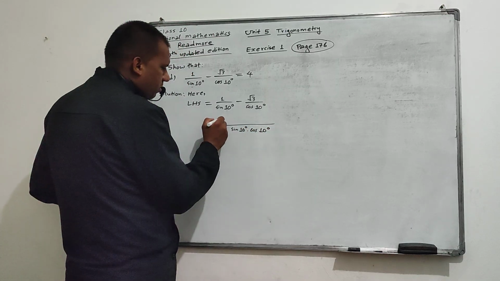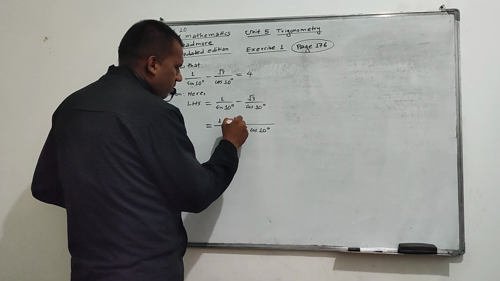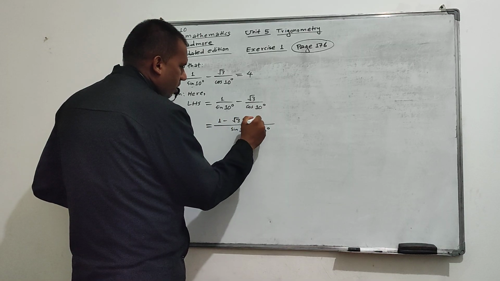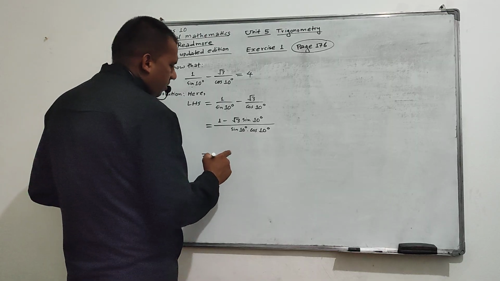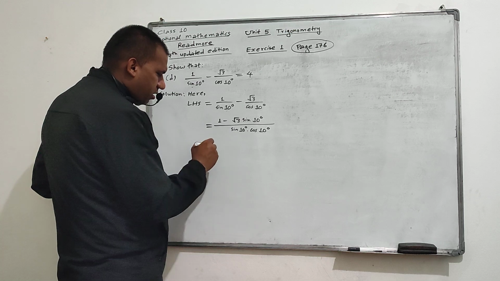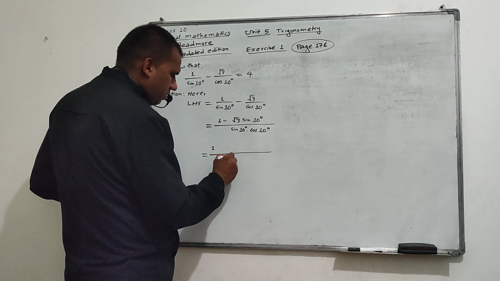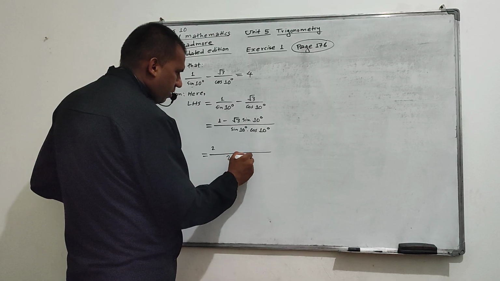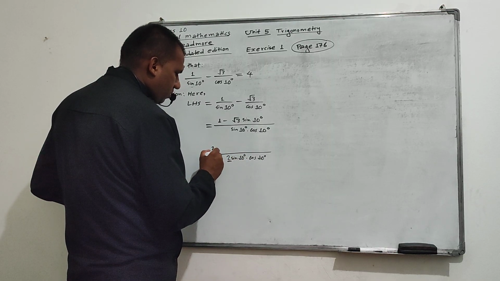Now the upper part becomes 1 minus root 3 sin 10 degree. Now multiply both by 2 here. To make 2 sin a cos a, multiply both by 2, 2 by 2 sin 10 degree cos 10 degree.